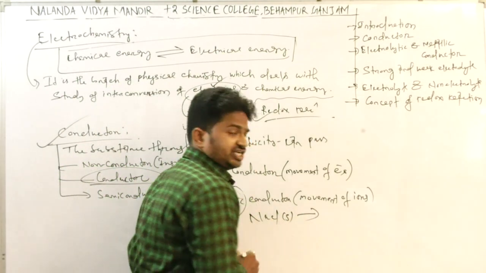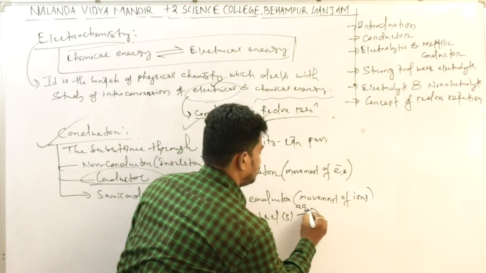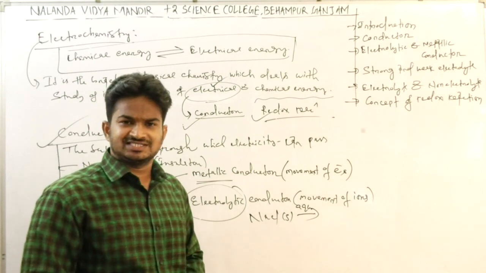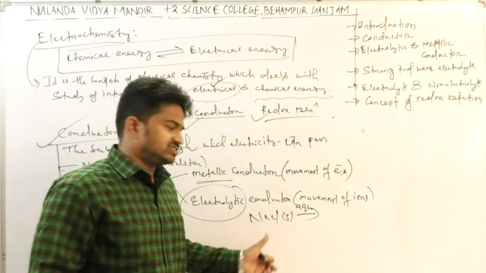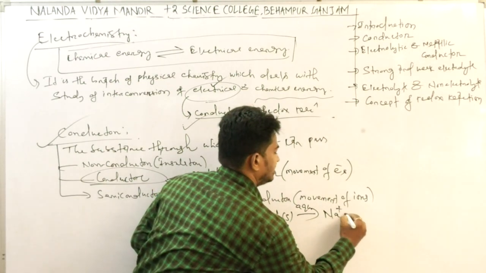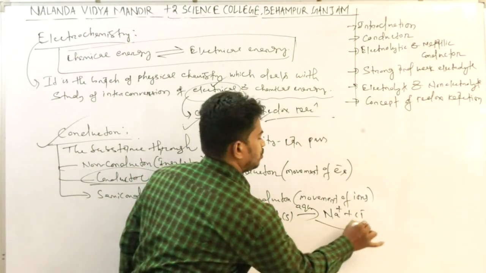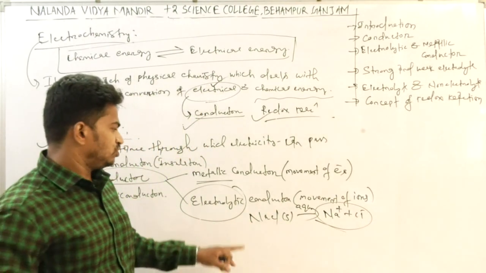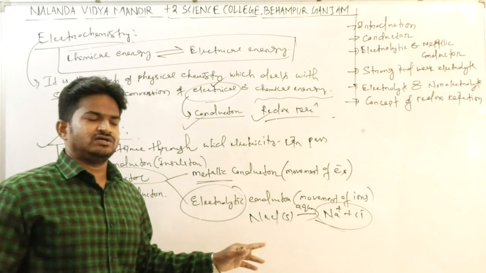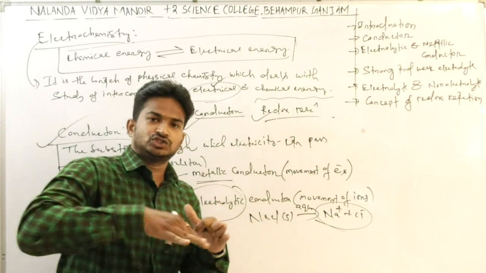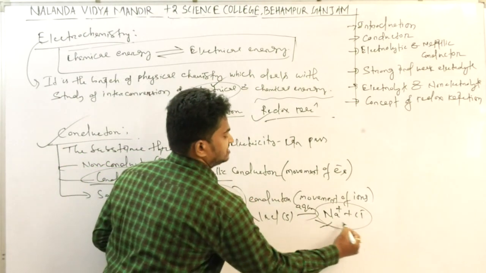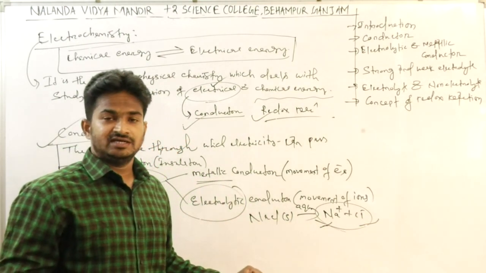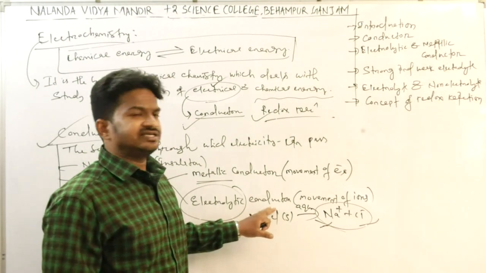But in its molten state or aqueous condition, sodium chloride solution is a good conductor of electricity. Why? Because in aqueous conditions it gives Na plus and Cl minus ions, and these ions conduct electricity very easily. So here the electrolyte is sodium chloride, because electrolytes are substances which dissociate into cations and anions, positive and negative ions, in aqueous solution. This is an electrolytic conductor.